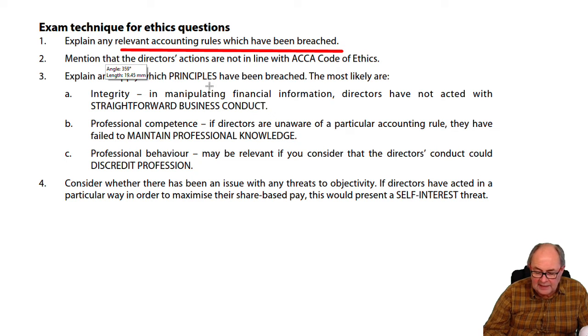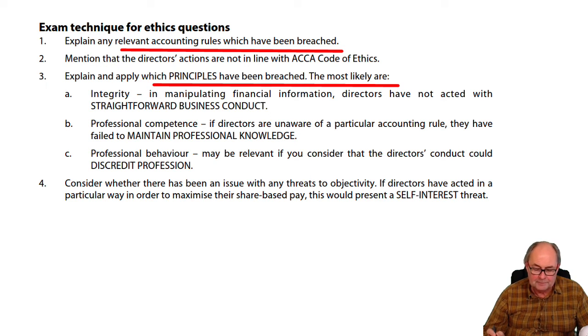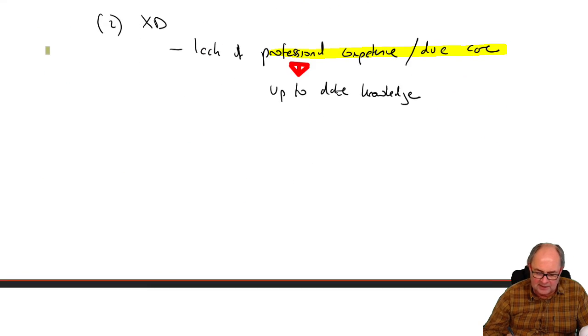So, link up with relevant principles, and then you can do 2 or 3 in any order. Because they are in breach of principles, here's a free mark. Just point out that the FD is not acting in line with the ACCA Code of Ethics.